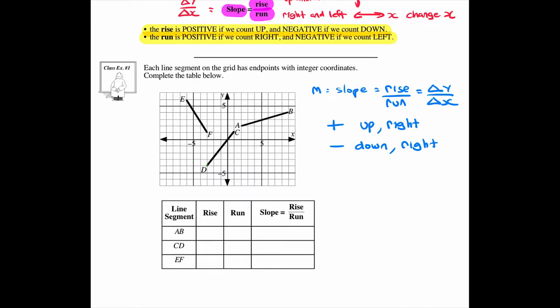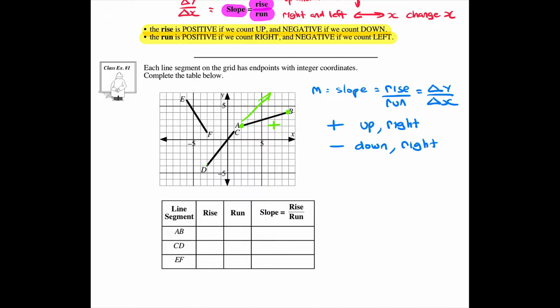So if we take a look at this first one, going from A to B, from the left to the right, it's moving in an upwards direction, so that would be a positive slope.